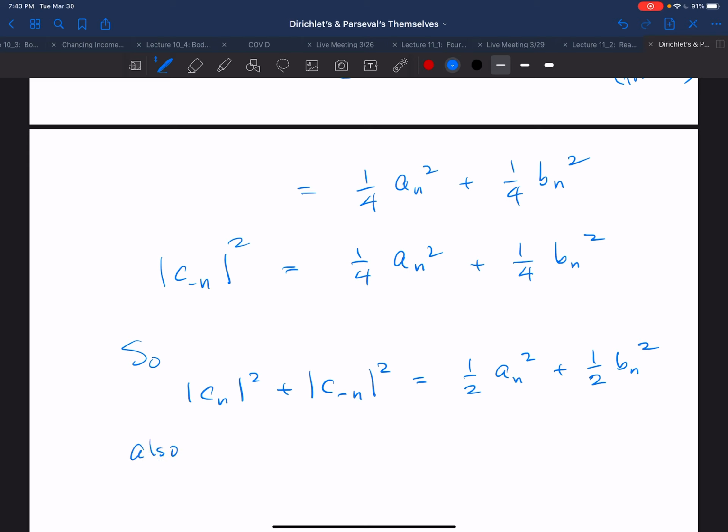And we also have that the modulus of c sub 0 squared is a sub 0 squared, because c sub 0 and a sub 0 are just the constant terms in the respective forms of the Fourier series. So this explains the form of Parseval's theorem for the real sinusoidal form of the Fourier series.